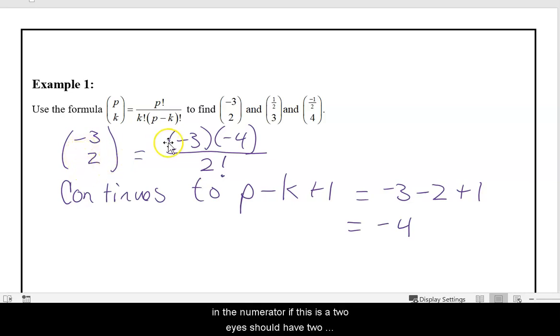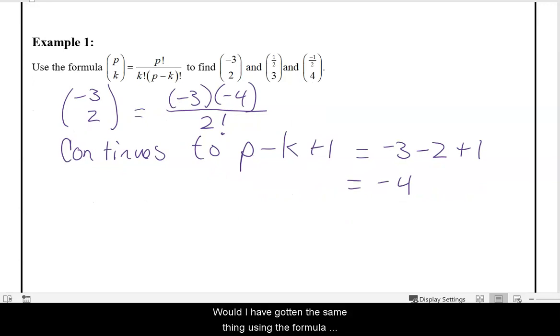If this is a 2, I should have 2 numbers multiplied together in the numerator, and the denominator should be 2 factorial. Would I have gotten the same thing using the formula p factorial over k factorial times p minus k, the quantity factorial? Let's check it out and see.